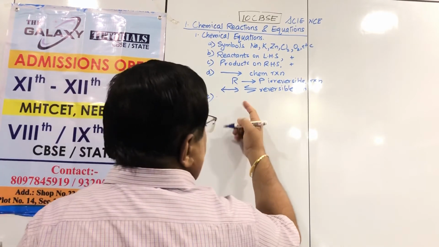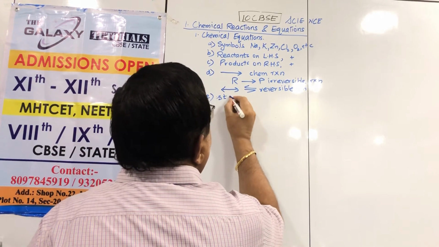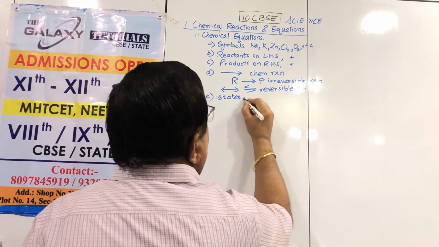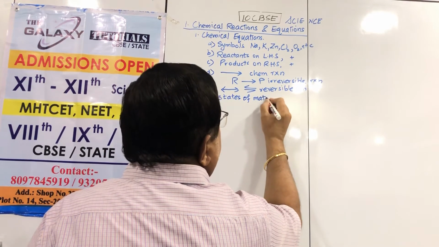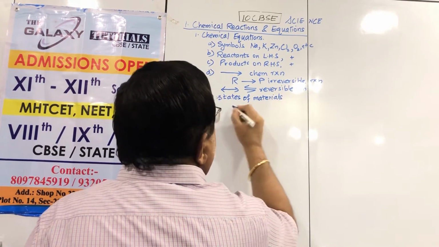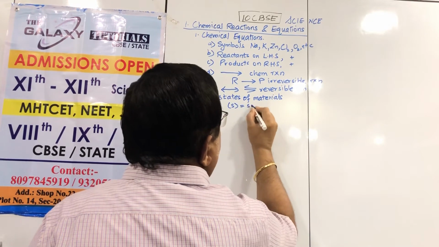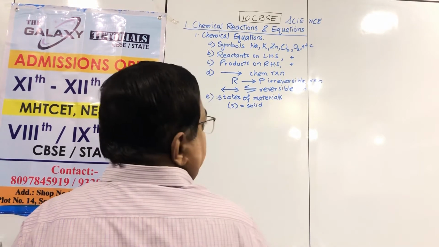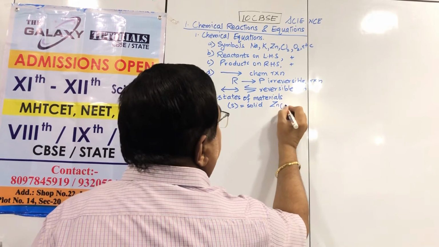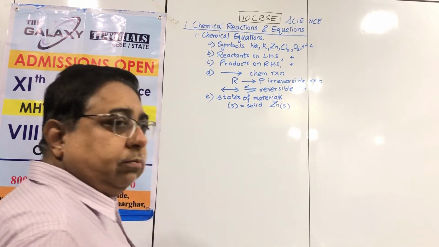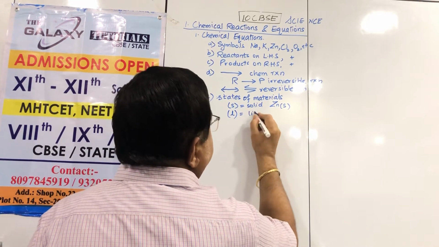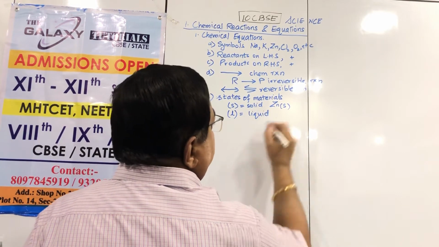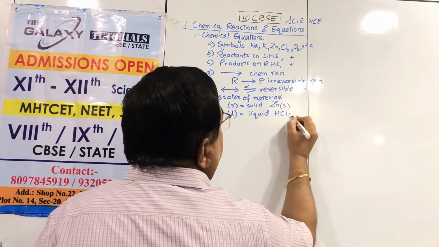Fifth, give me attention so that you understand what I am doing. We have to write the states of the material involved. So solid, we write with an S. So zinc granules, zinc solid. L stands for liquid. So HCl, I have liquid.